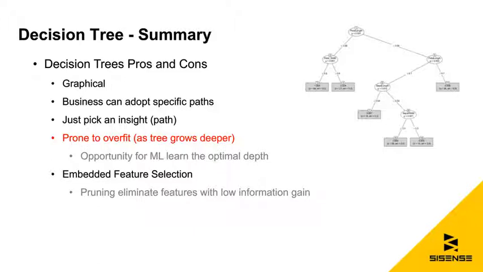But in our case, the pruning of the tree, which is an intrinsic part of building a decision tree, is a great feature, and we'll use it and show it in the demo.